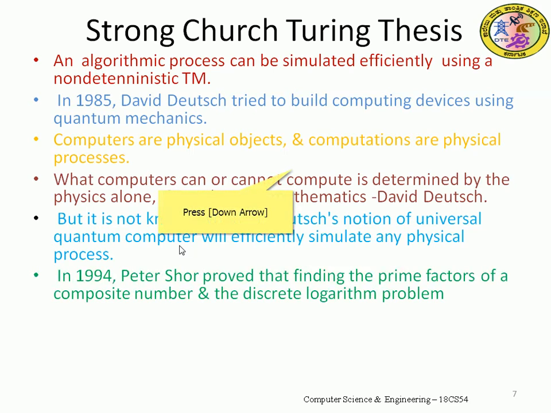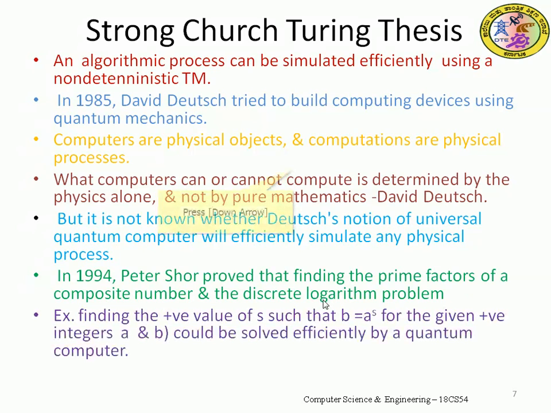In 1994, Peter Shor proved that finding the prime factors of composite numbers and the discrete logarithm problem, finding the positive value s such that b equals a to the power s for given positive integers a and b, could be solved efficiently by quantum computers.